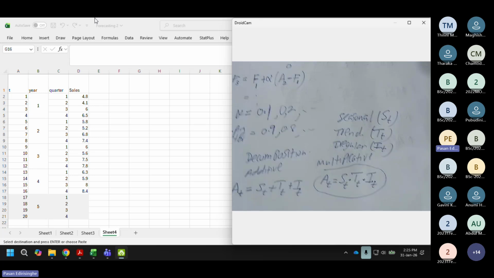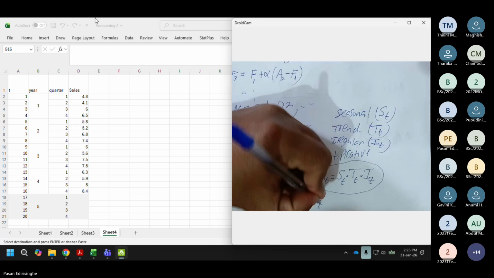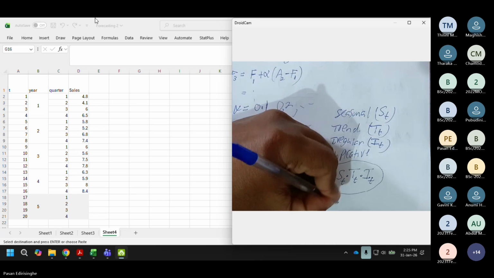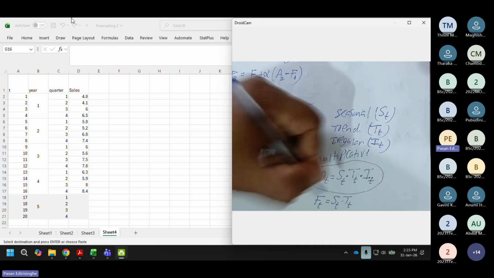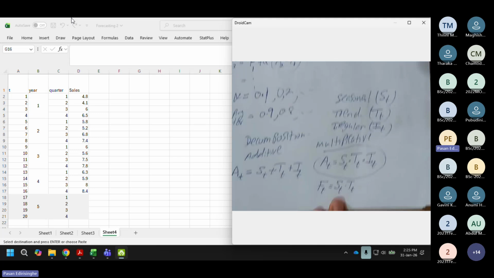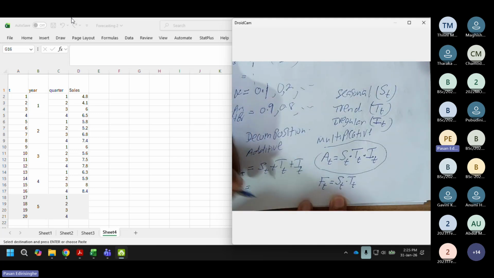Then the forecasted value will become S t times T t, or in the additive case S t plus T t. That is going to be the forecasted value using either the additive method or multiplicative method. So that's the idea of our decomposition technique.